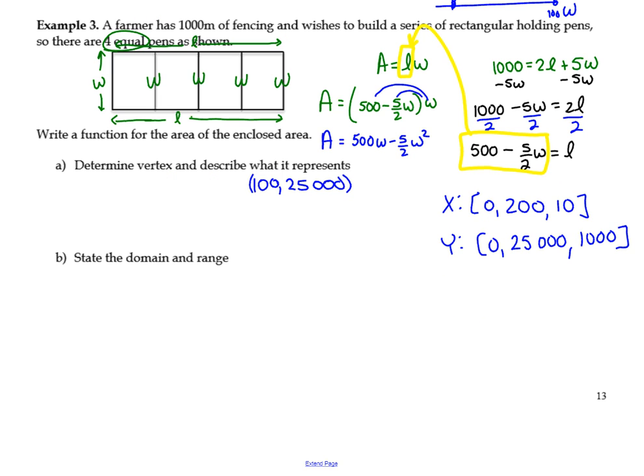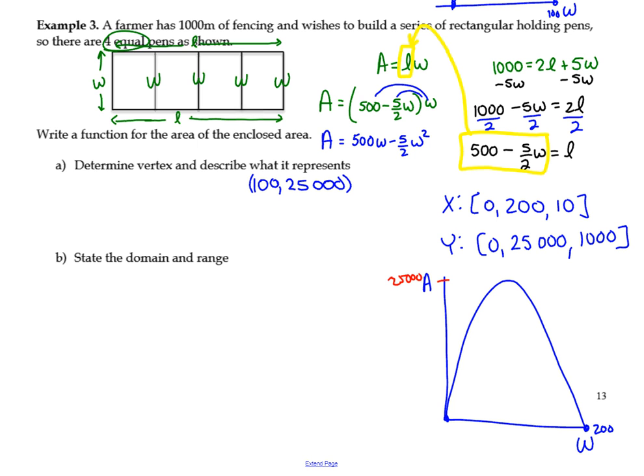So here our graph looked like this: here's area, here's width, and it went from 0 to 200 and 0 to 25,000. So the vertex was at 100 and 25,000.